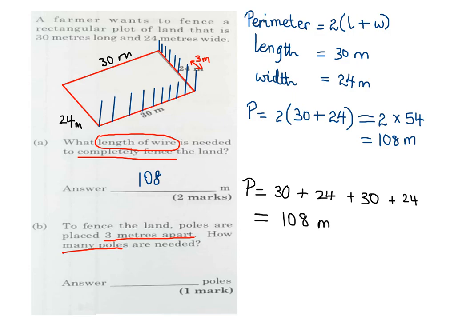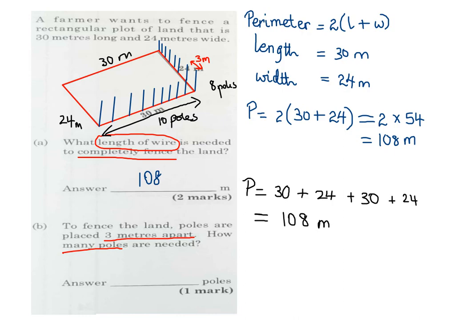Right, that's 10 there, right? So 1, 2, 3, 4, 5, 6, 7, 8, 9, 10. So we do have the 10 along here. 10 poles. We also have the 8, like I mentioned as well. 8 poles along the width.